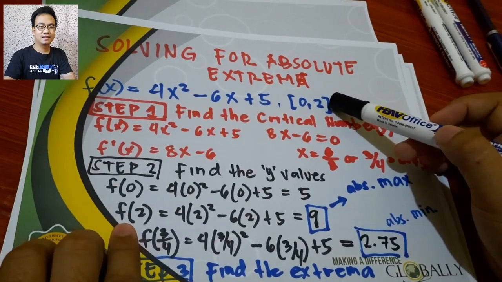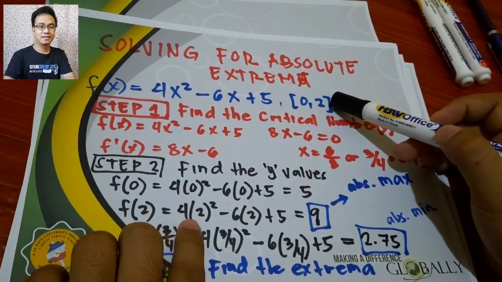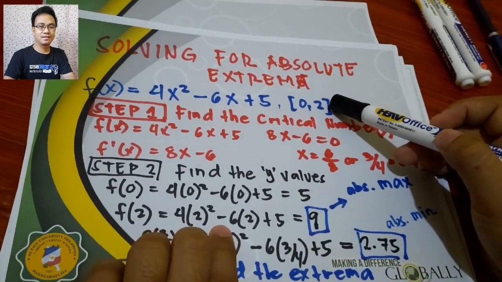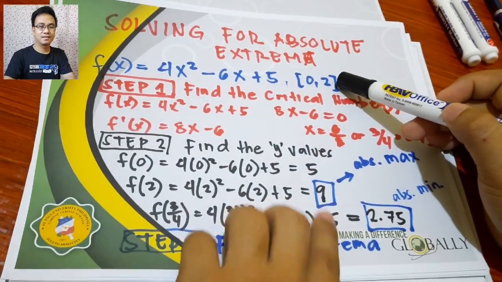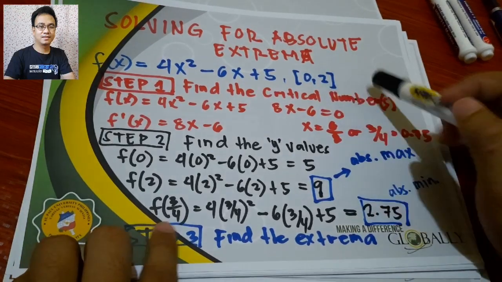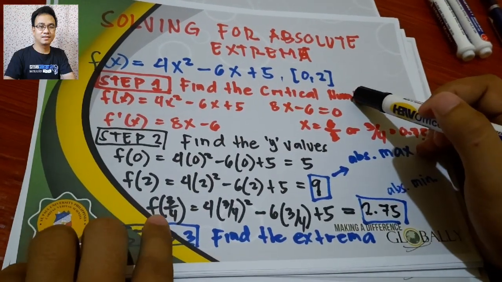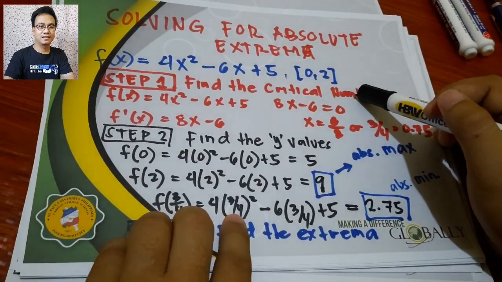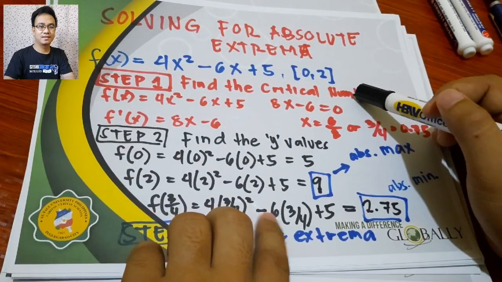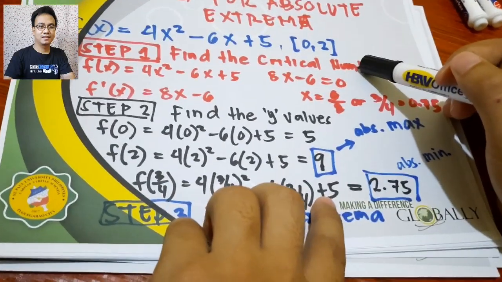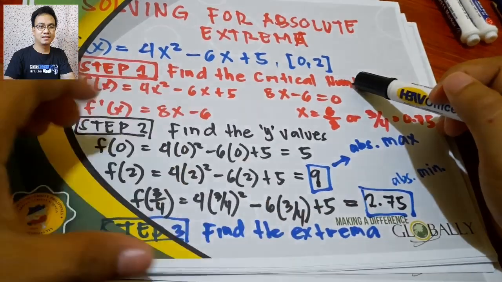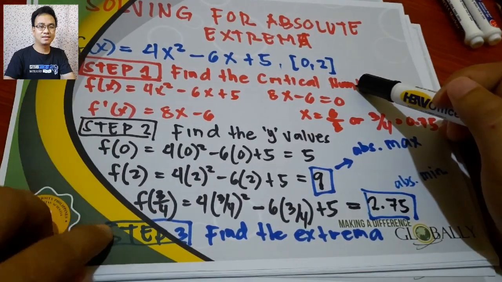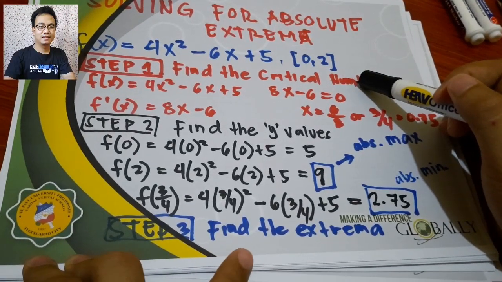Next, f of 2 equals 4 times 2 squared minus 6 times 2 plus 5, and that is equal to 9. Next, our critical value f of 3/4 equals 4 times 3/4 squared minus 6 times 3/4 plus 5, and that is equal to 2.75.